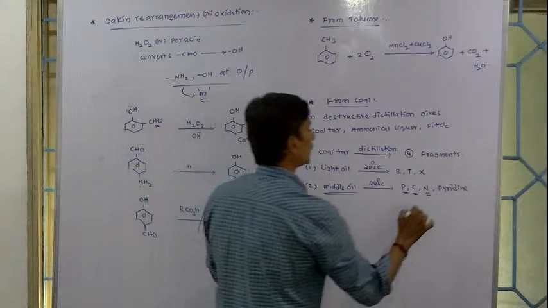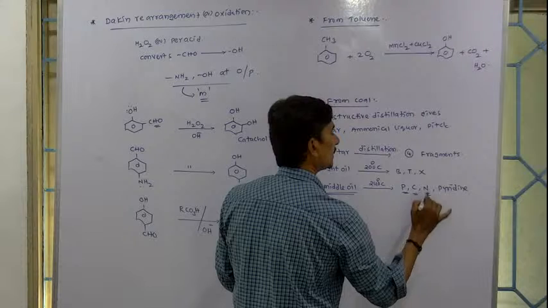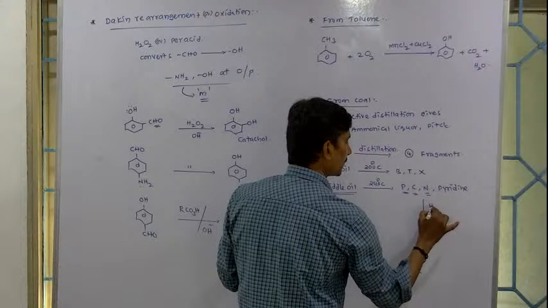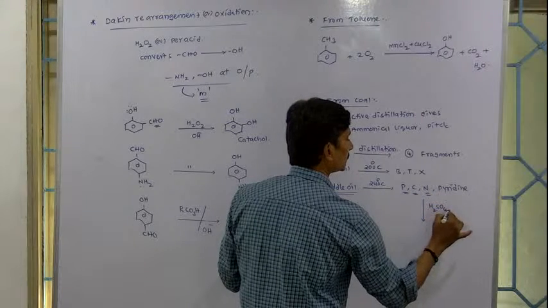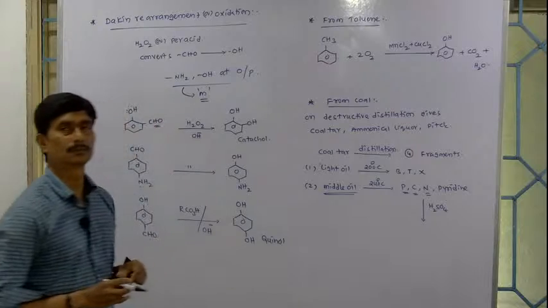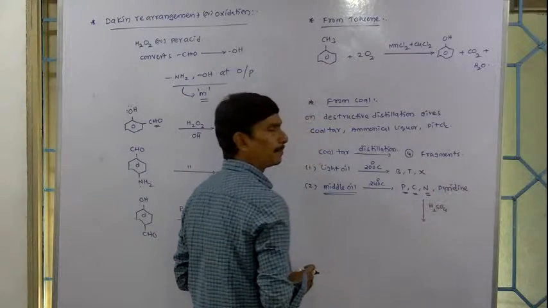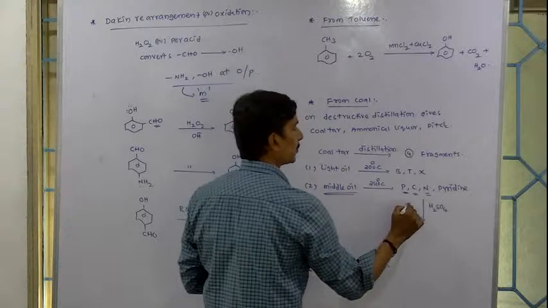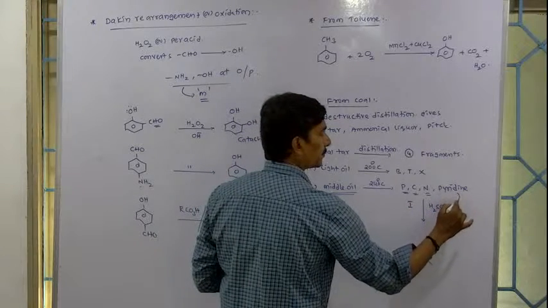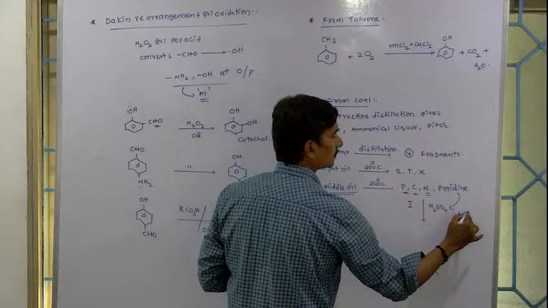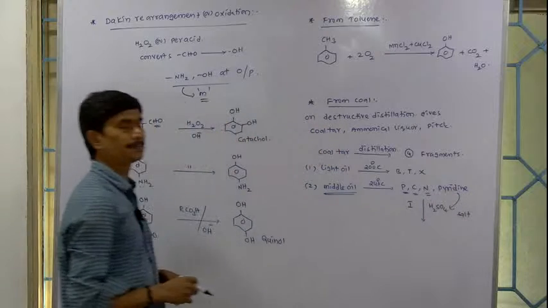How do we get this one? First it is treated with sulfuric acid. It is an acid, pyridine is a base. So in step 1, it forms a salt, so it can be separated.